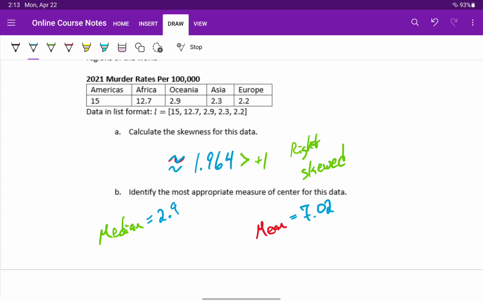That average is larger than the majority of our data values in our data set. It's getting artificially increased by those two extreme values that we have for the Americas and Africa. So in this case, we want to rely on the median as our better measure of center, since it's less sensitive to those extreme values and the skewness in this distribution.